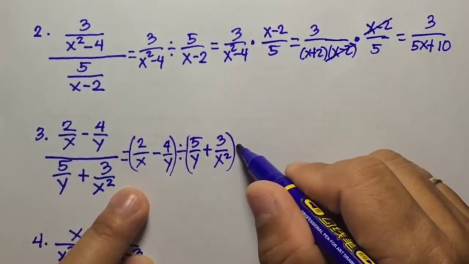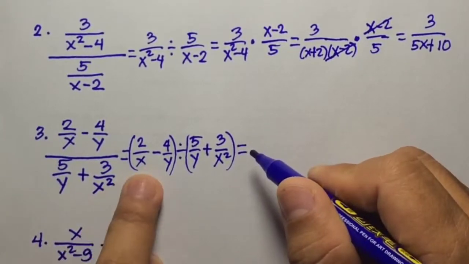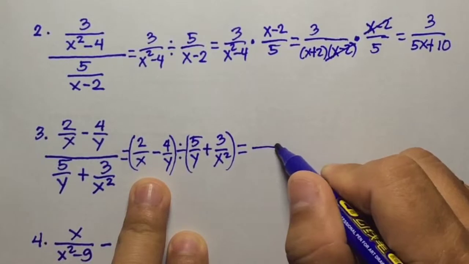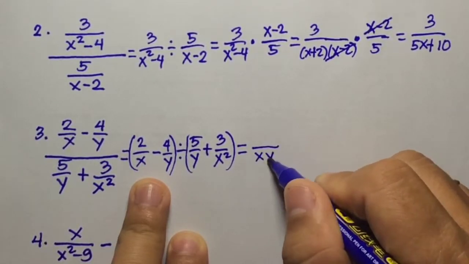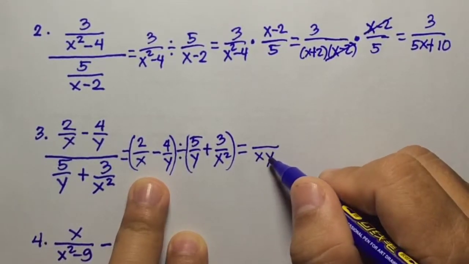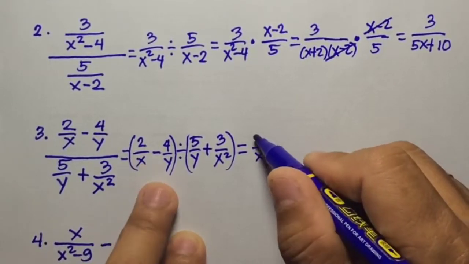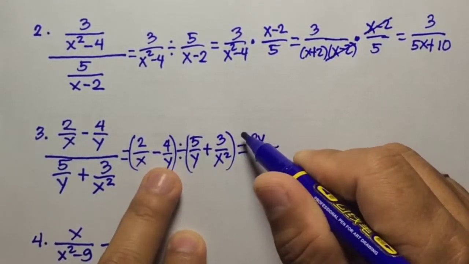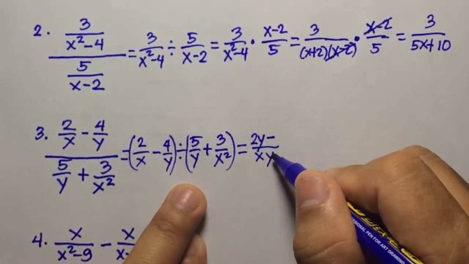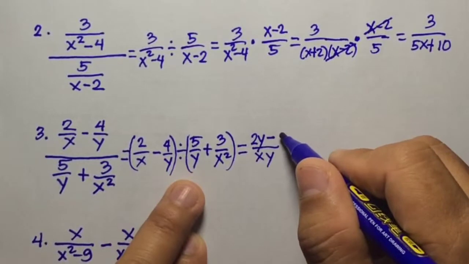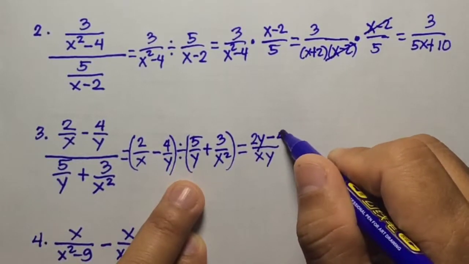Then we're going to have in the numerator 2 over x minus 4 over y. The LCD here is xy, or x times y. Then x times y divided by x is y, times 2, that will be 2y. Then minus x times y divided by y is x, times negative 4, that will be 4x.